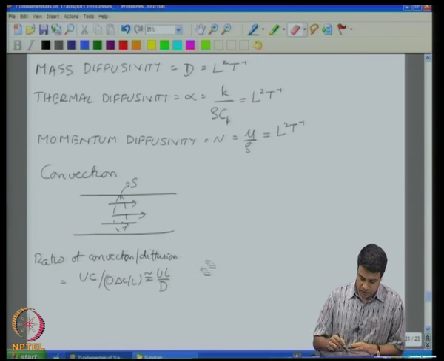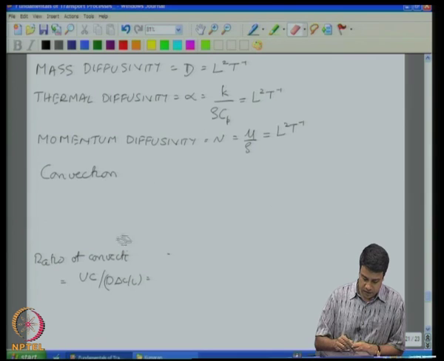Now, let us look at what is the rate of convective transport. Convective transport is the transport due to the convection of material.